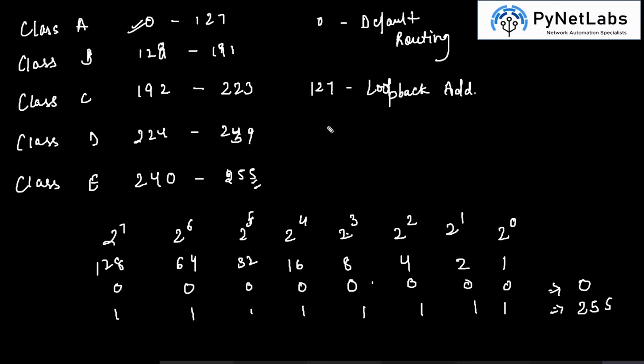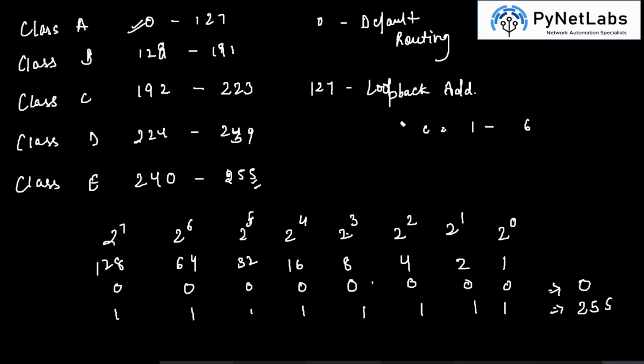And if we talk about the usable range from class A, we get 1 to 126. That's not something we are discussing today. We'll get to that later on.